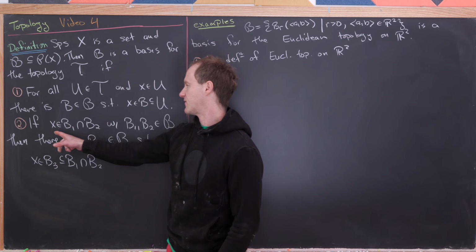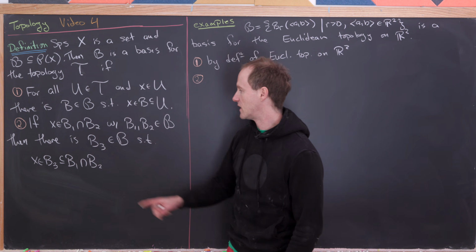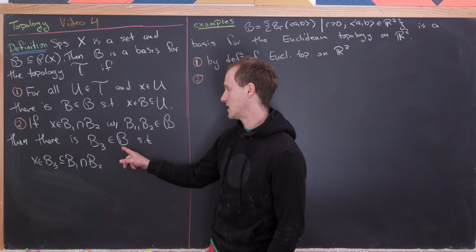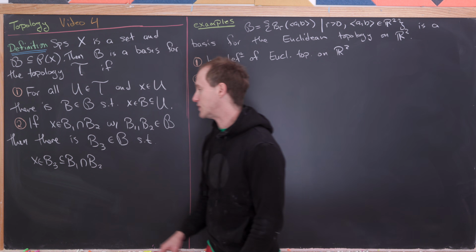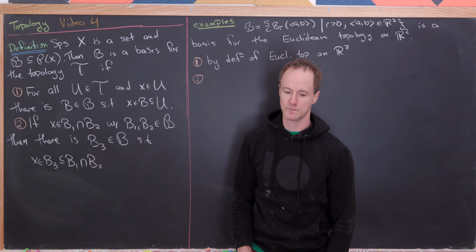Then next, if x is in the intersection of these two basis sets, B1 and B2, then there's a third basis set B3 where x is in B3, which is a subset of B1 intersect B2.